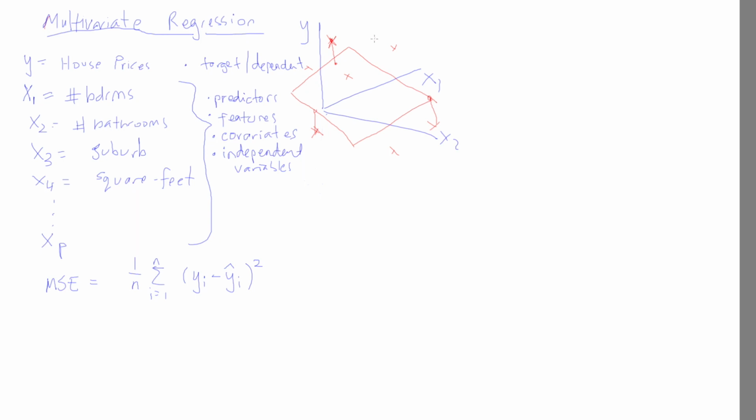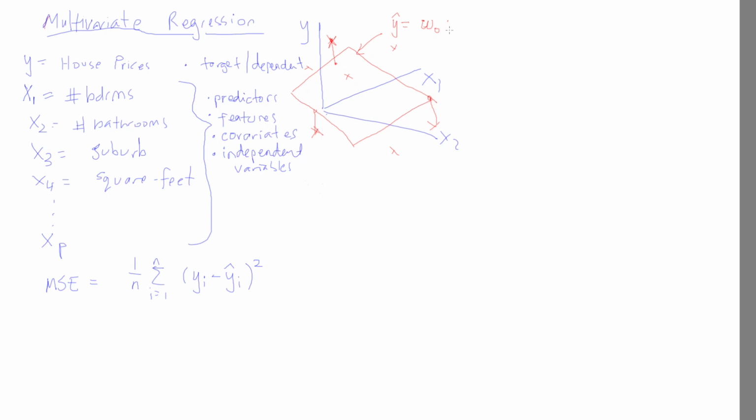But what is the equation of this plane? Well, it's y hat equals, let me just use a better notation. Let me use the W notation. Before I was using a and b, but here I'm going to have a, b, c, d, e, and I don't want to do that.